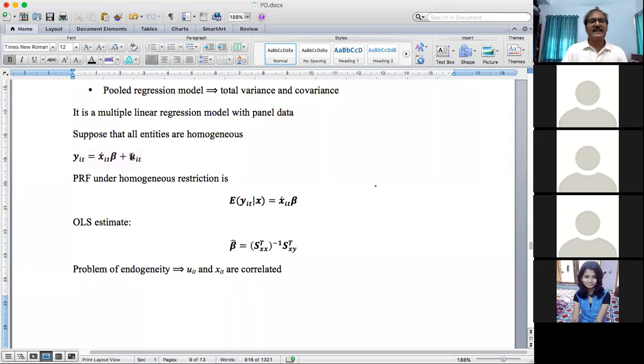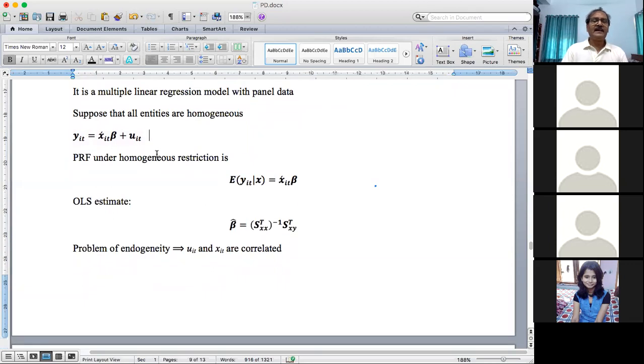The basic assumptions are on the random disturbance. U denotes the random disturbance term or random error term, and we retain the classical assumptions. That is, the expected value of U equals 0, the zero mean condition. The variance of U is constant, that is, homoscedasticity is retained. The covariance of the random disturbances will be 0, that is, we assume there is no autocorrelation.